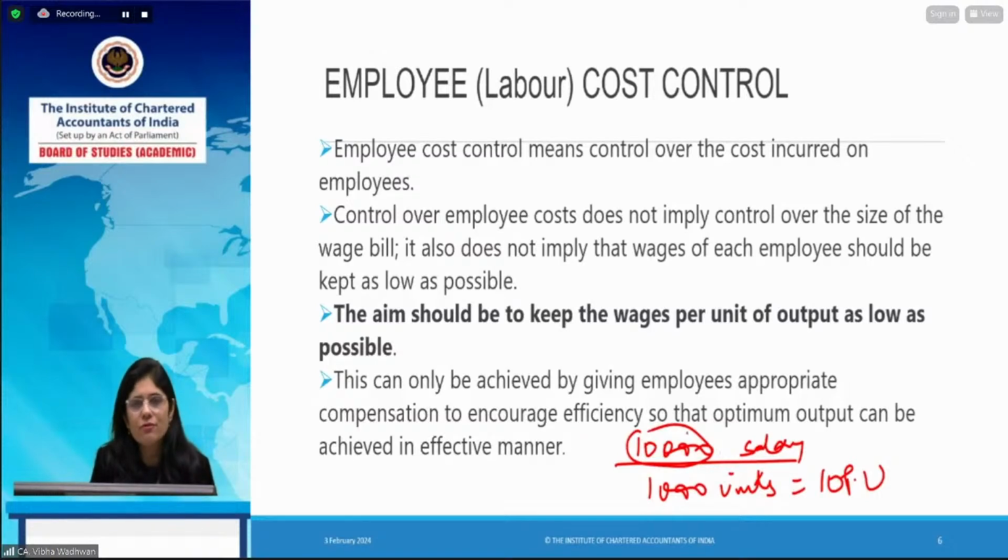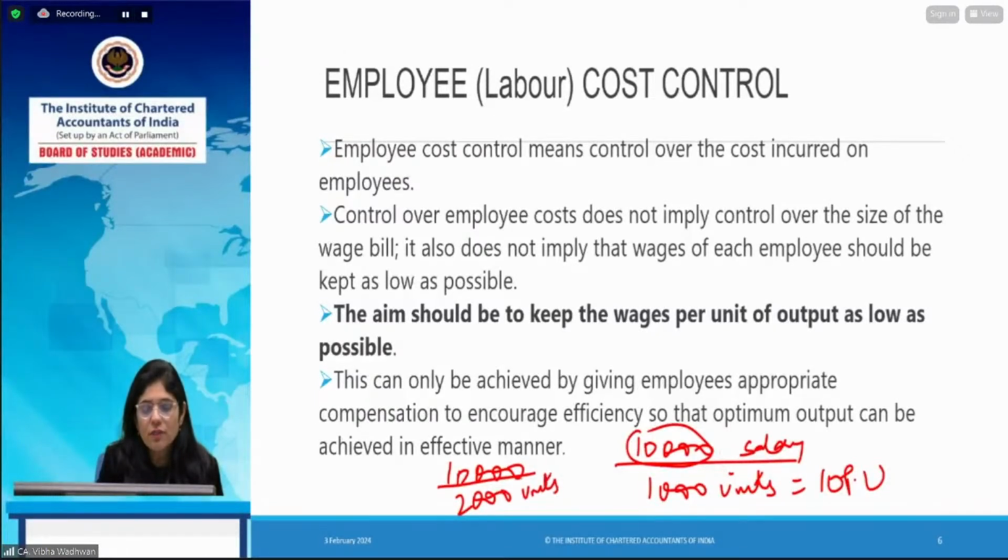No, you have to give 10,000. But if I increase the production by 1,000 units, now the production is 2,000. So see, the labor cost will come down to 5 per unit. This is what we mean by labor cost control.